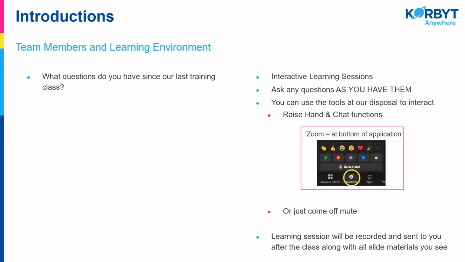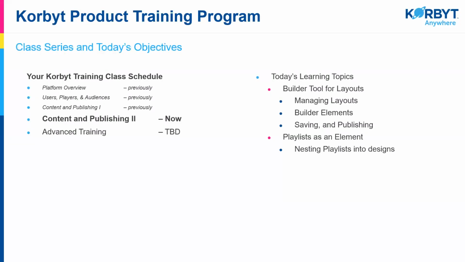So today, Content and Publishing 2, main topic is going to be the Builder tool for layouts. Layouts, again, the name of the designs that you save out of the Builder tool, the elements that are available in that saving and publishing process.